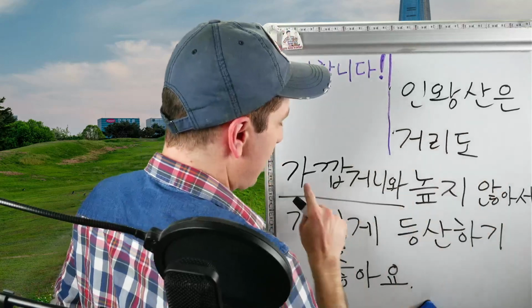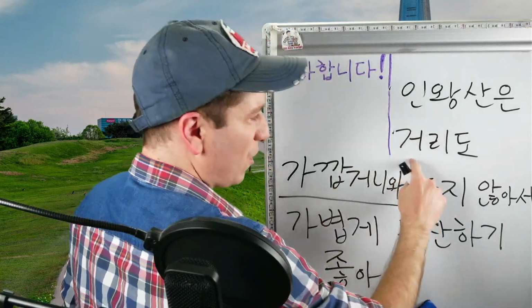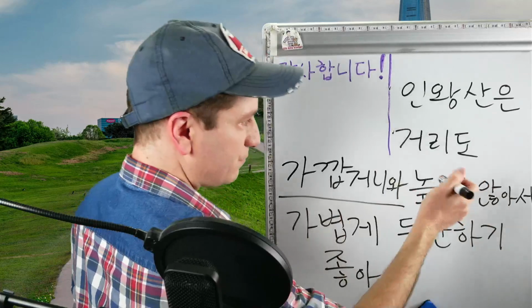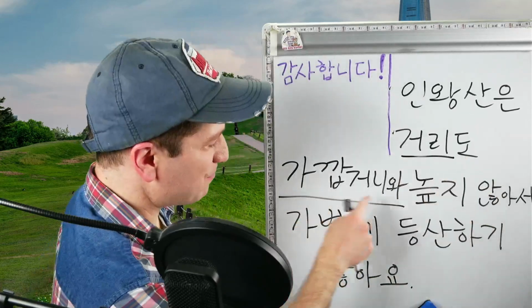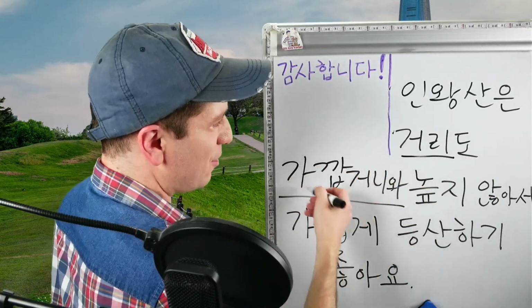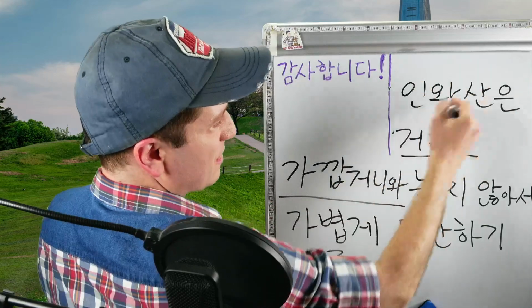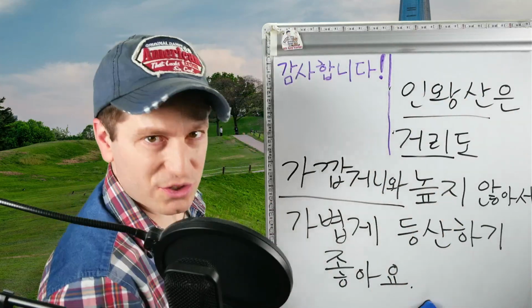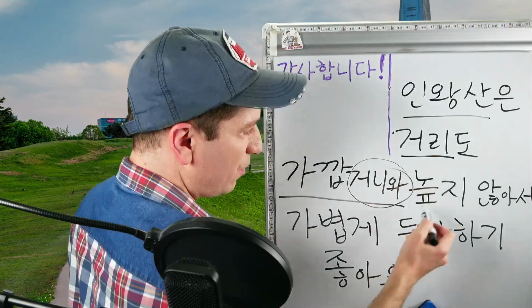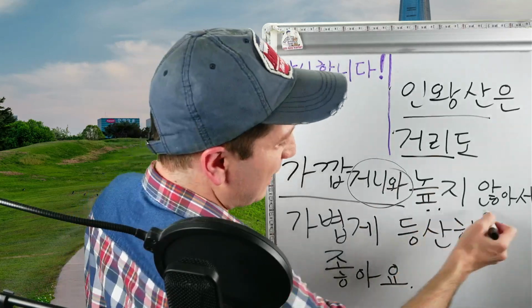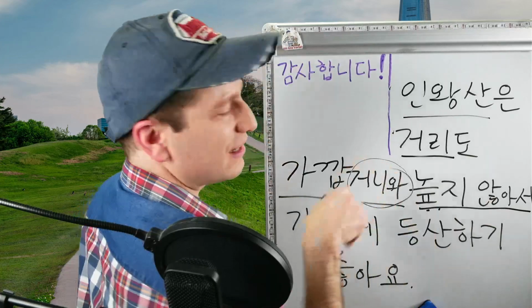인왕산은 거리도 가깝거니와. So, 거리도 가깝고. 거리 is distance, 가깝다 is close, so the distance is close. So not only is the distance of 인왕산 close, so not only is it close, but also 높다, high. 높지 않아서, it's not high.